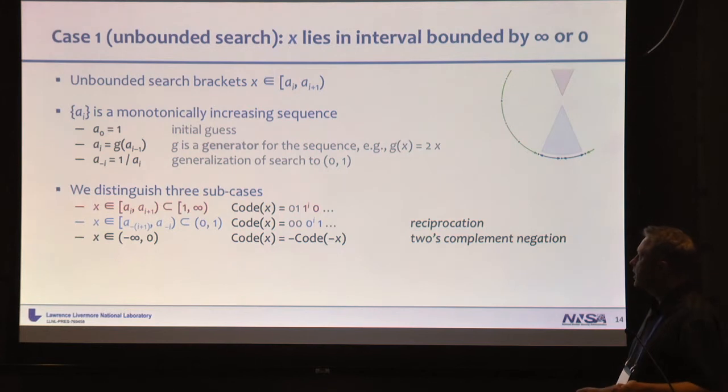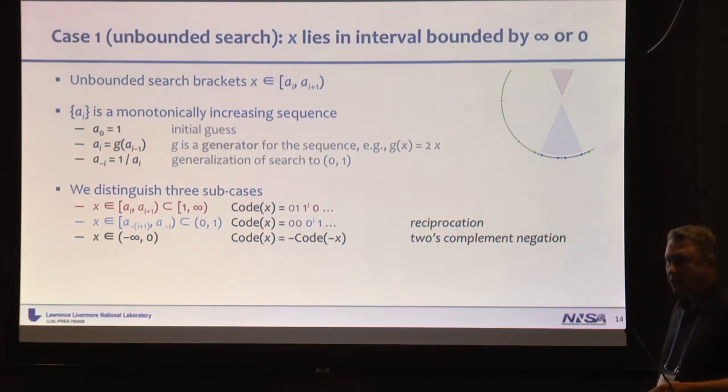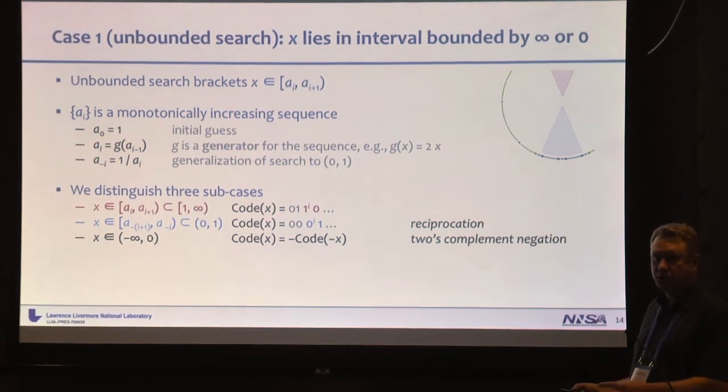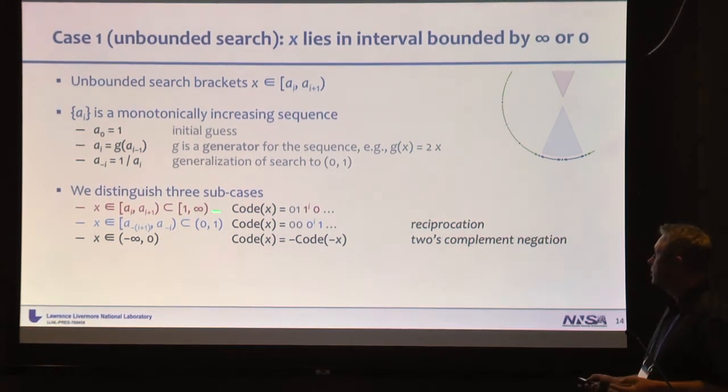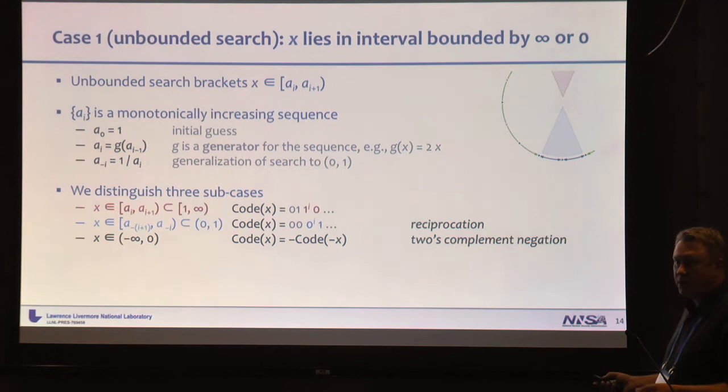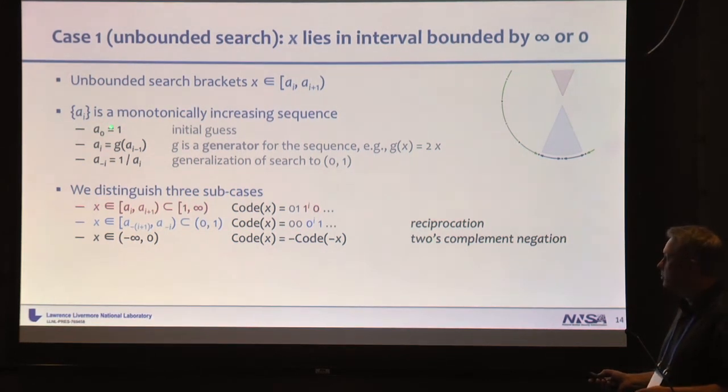In the first case, we have this unbounded search where you want to introduce a new point in between the previously largest number and infinity until we've bracketed our number. We do that by introducing a monotonically increasing sequence of numbers, a sub i, where a sub 0 equals 1. The way that we generate this sequence is through a function g that we call the generator for the sequence.